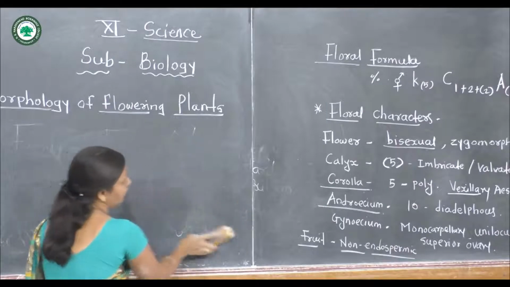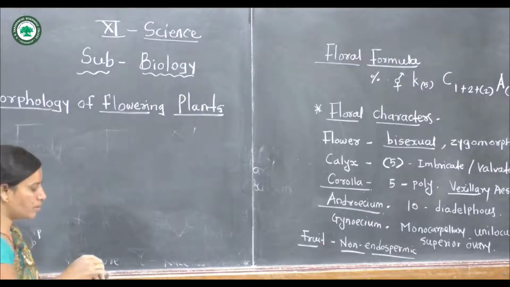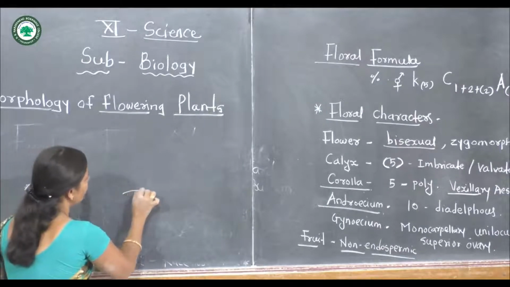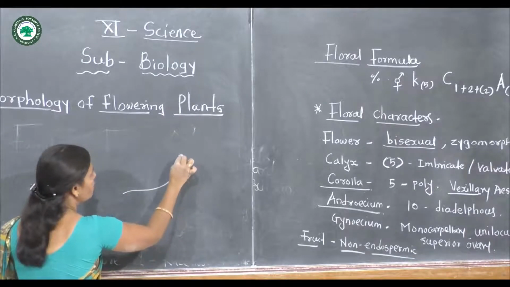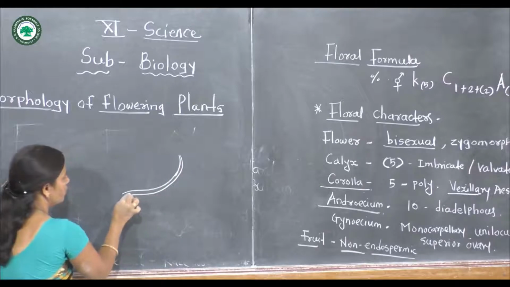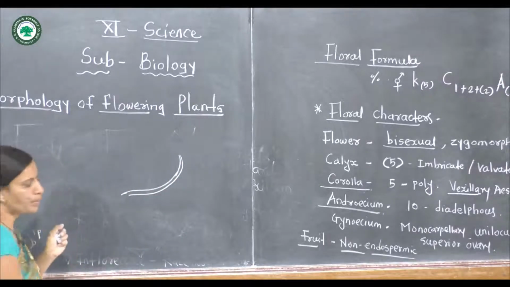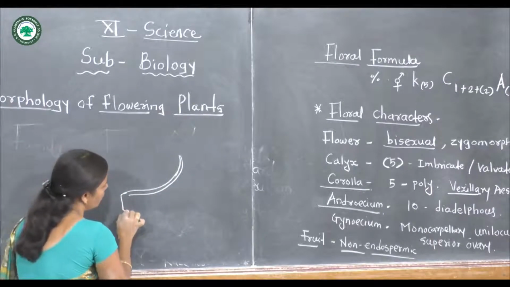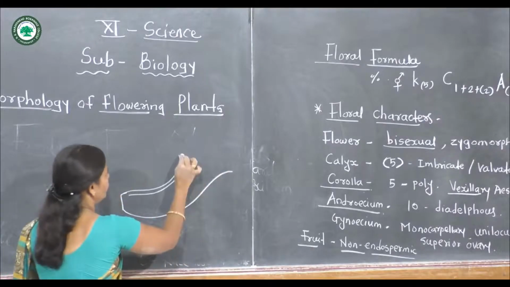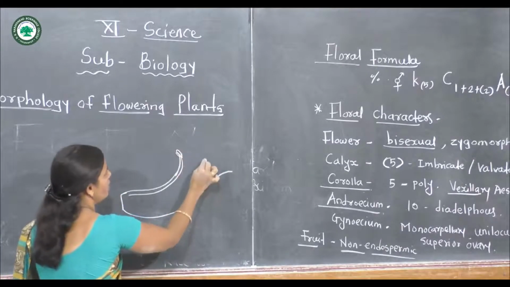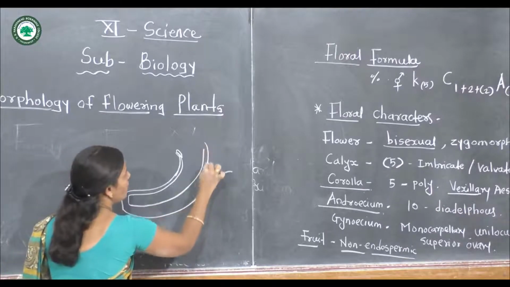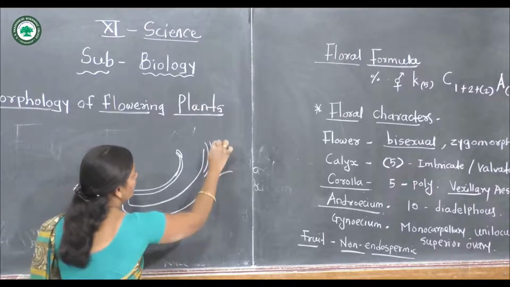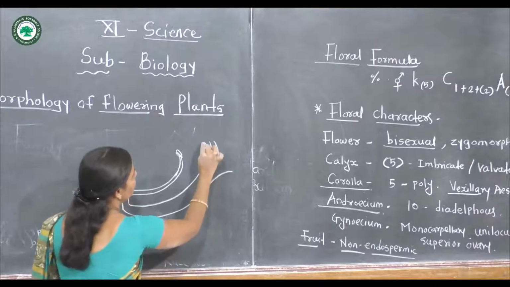It is a 9+1 arrangement. In the structure of these diadelphous stamens, one stamen is free, and the other stamens are joined. Now this is one stamen, and the other stamens are joined. There are 9 stamens.